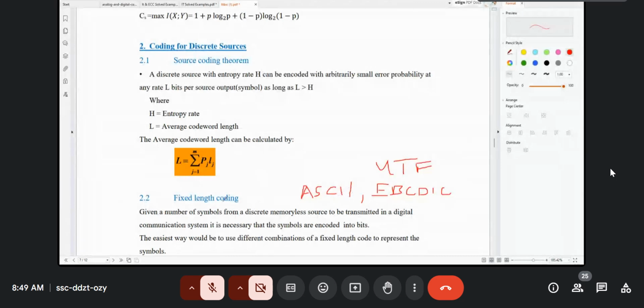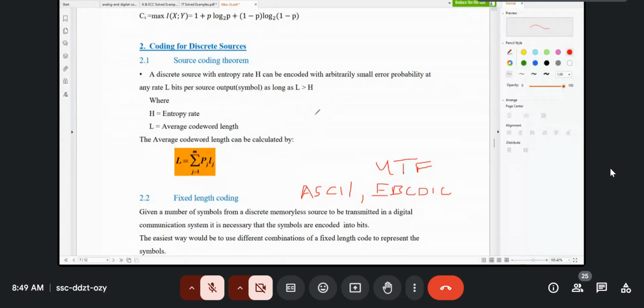But information theory tells us that we don't have to do this, because when you do this, we use a lot of symbols. So if you have a sentence, I don't know which is the best sentence to use.